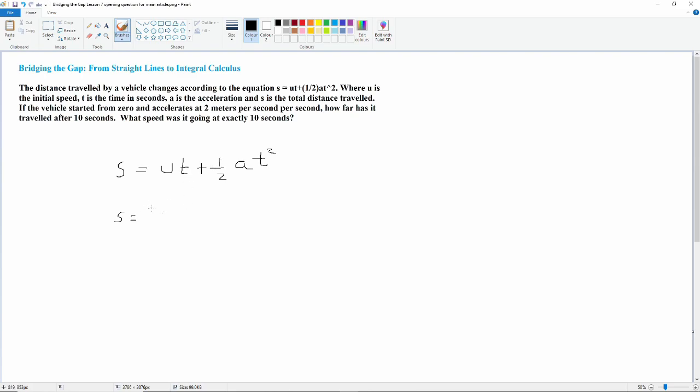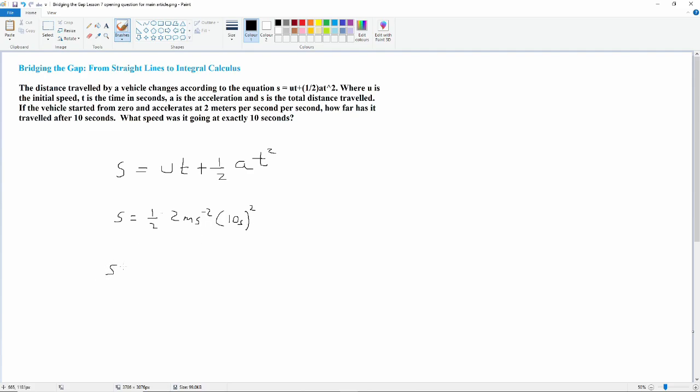So that leaves us with a half times the acceleration, which is 2 meters per second. I'm going to write it as 2 meters times second to the power negative 2, which is 2 meters per second squared. And we're multiplying that by the time, which is 10 seconds squared.